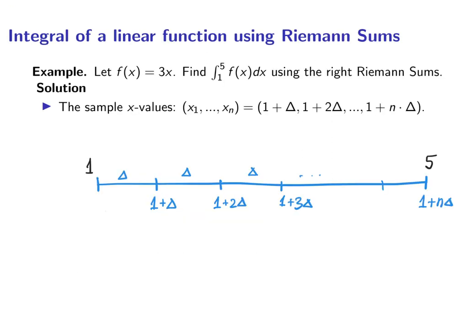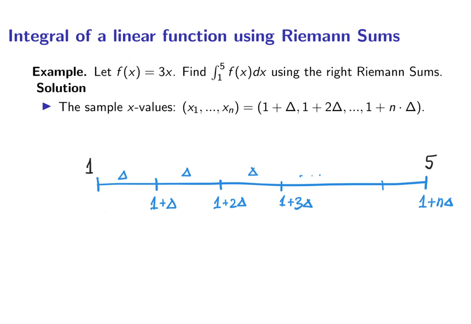Now let's do the same problem, but using Riemann sums. In particular, let's try to use right Riemann sums this time. Okay, so we have the interval from 1 to 5. We partition it into n intervals. What will be the partition points? We start with the leftmost point 1. We travel delta units to the right.